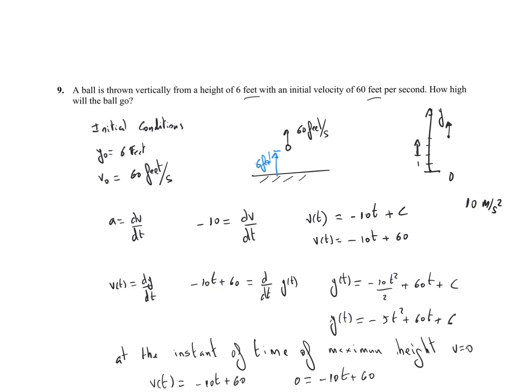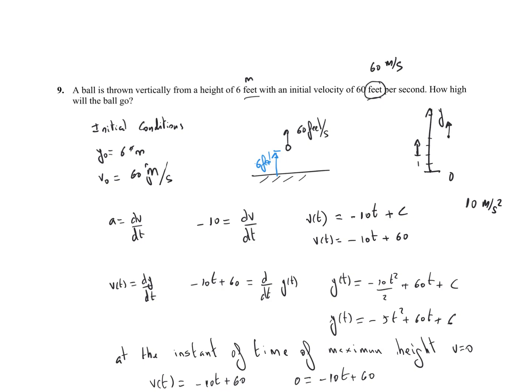So, to avoid changing this, we are going to imagine that this is 6 meters and the velocity is 60 meters per second. Okay, we change the unit of feet to meters. So now let's erase the 6 feet, 60 feet, and 6 feet. So the initial conditions are 6 meters.